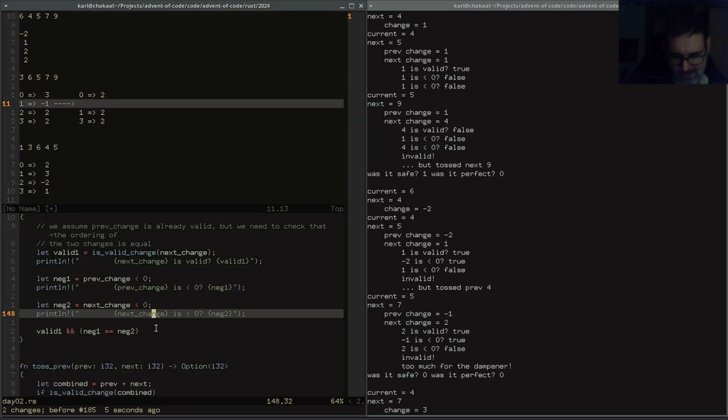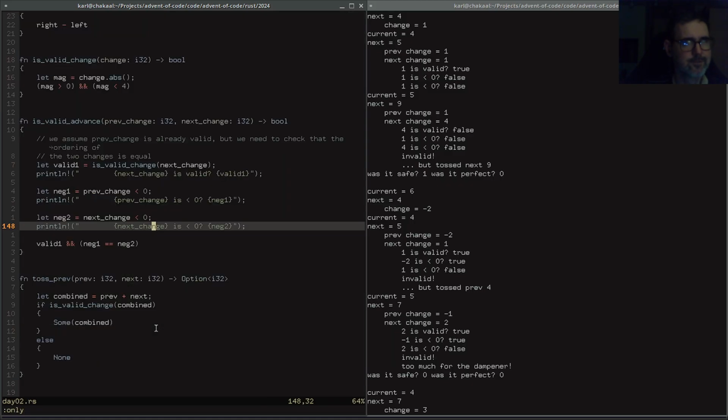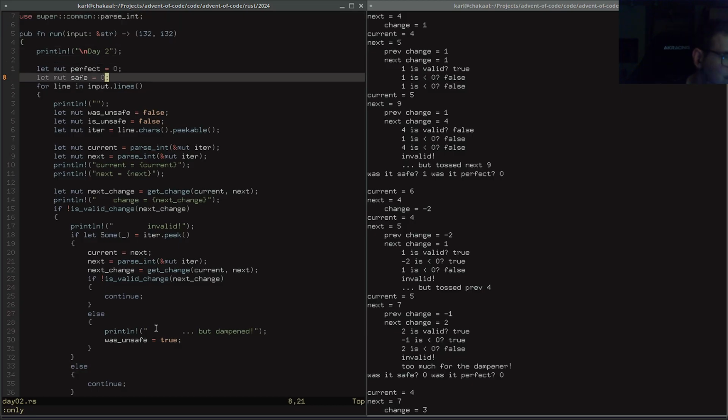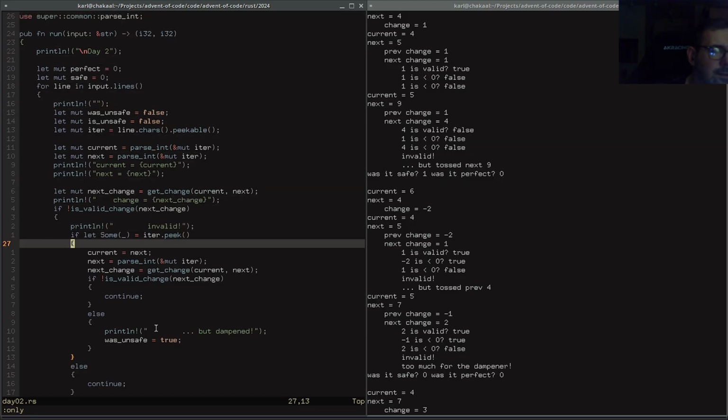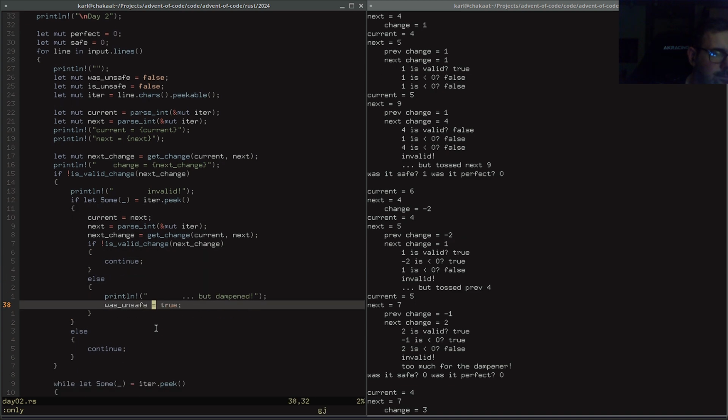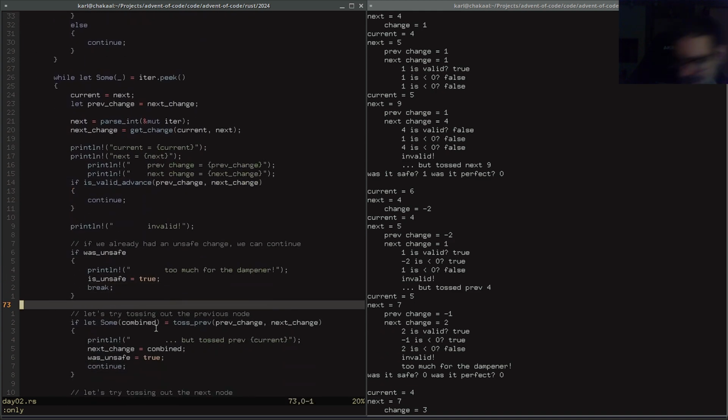Let's see if I can even just do my, I thought I was pretty close, but then there's always some edge case that trips you up.